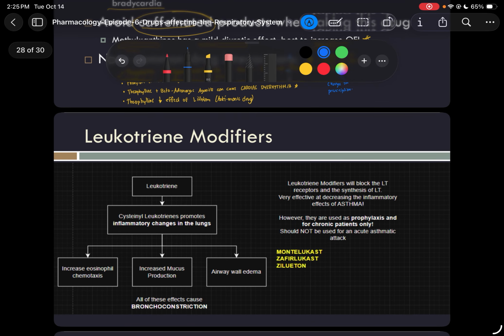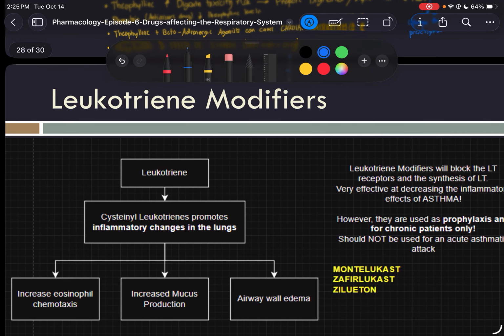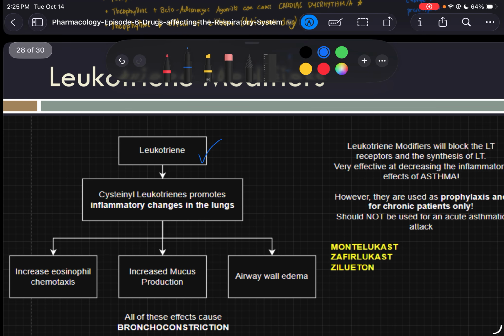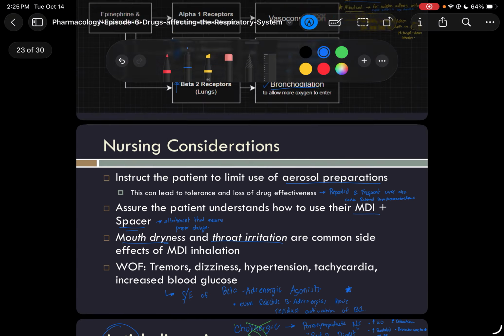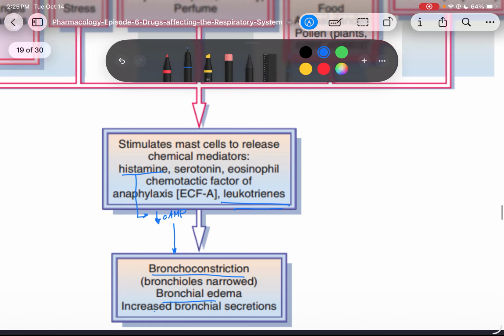Next is our leukotriene modifiers. Before we discuss, let's talk about leukotriene first. Leukotriene, when activated, specifically during asthma, cysteinyl leukotrienes promote inflammatory changes in the lungs. If I go back to the top, mast cells will release leukotrienes.